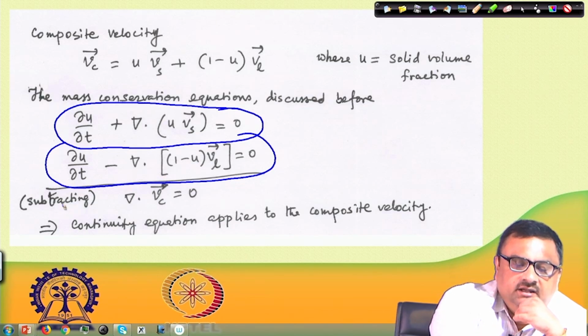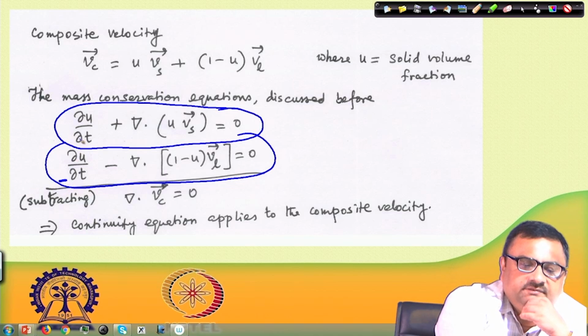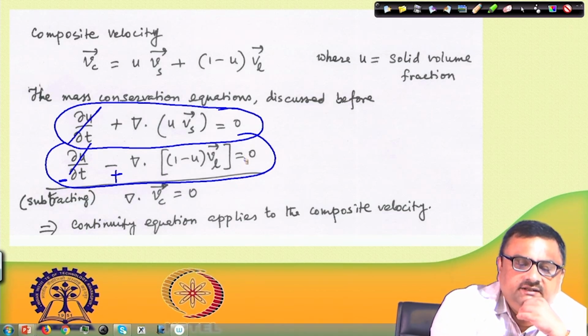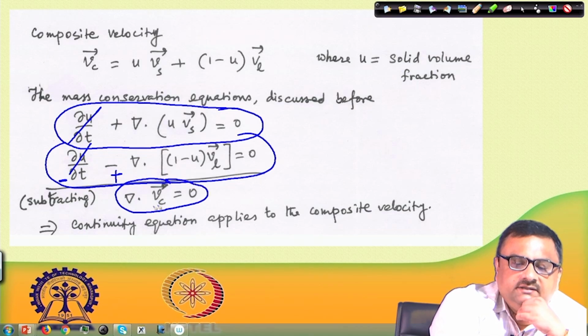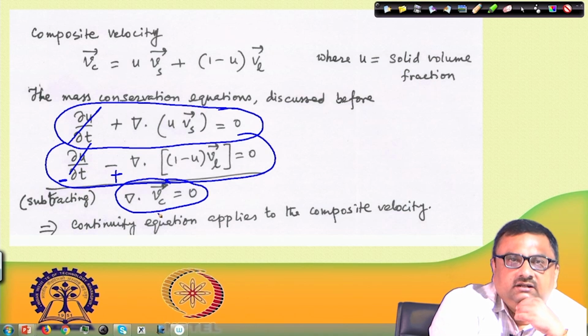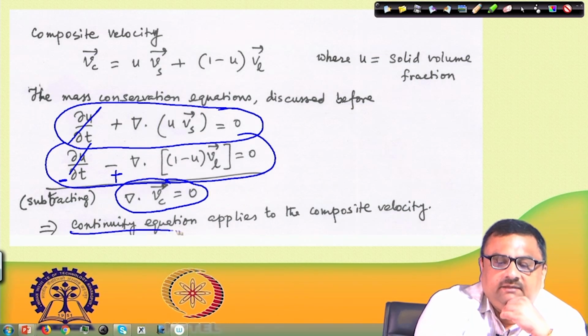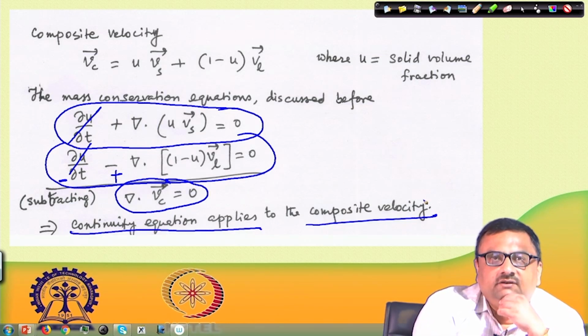Now if we subtract one from the other, this becomes minus and this cancels out, this minus becomes plus, and it is 0 only. So one can write this quantity equal to 0, which is essentially the continuity equation.